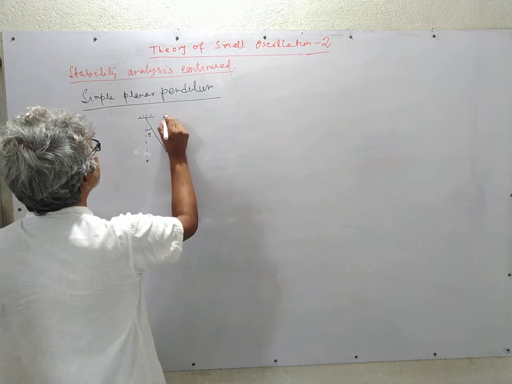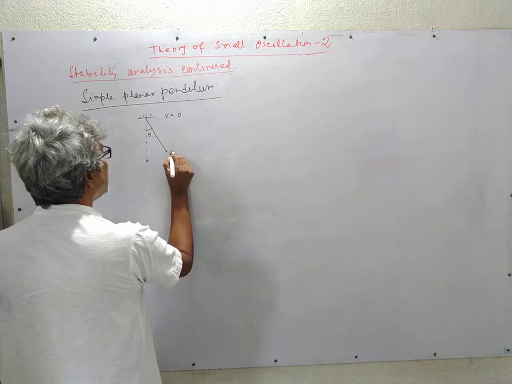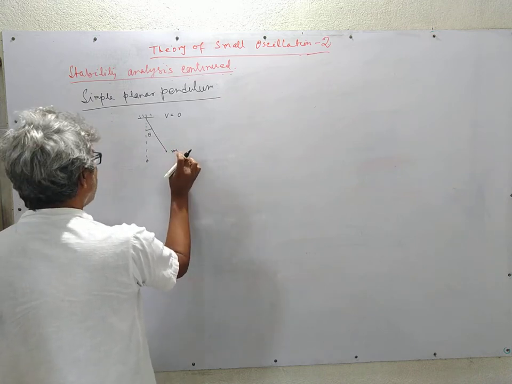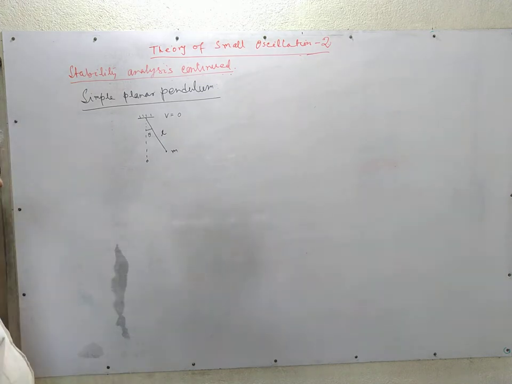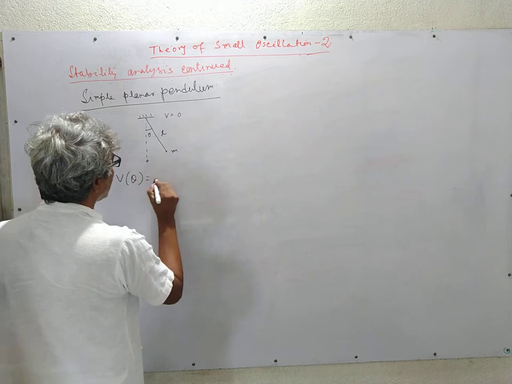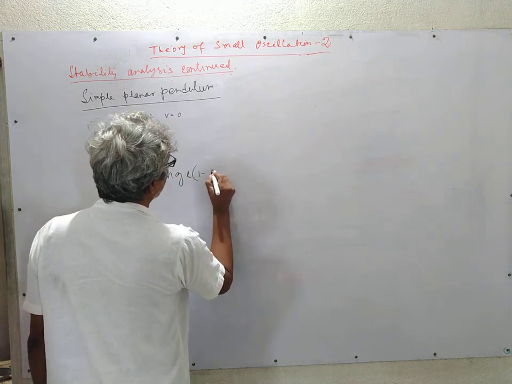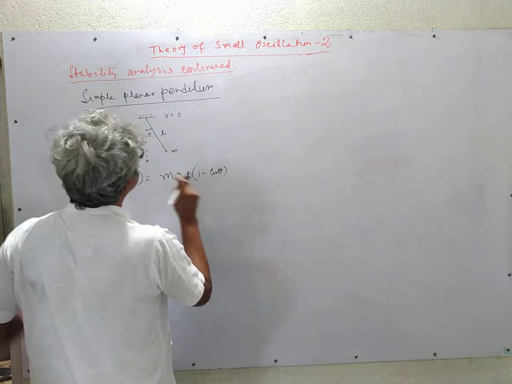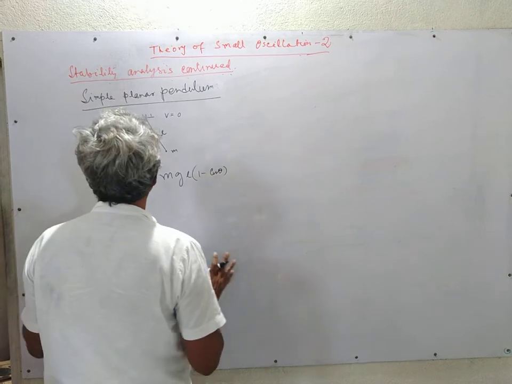If we set the potential energy to be 0 here, then the potential energy of a bob of mass m suspended by a string of length L is given by V of theta is equal to mgL (1 minus cos theta). This is the potential energy.